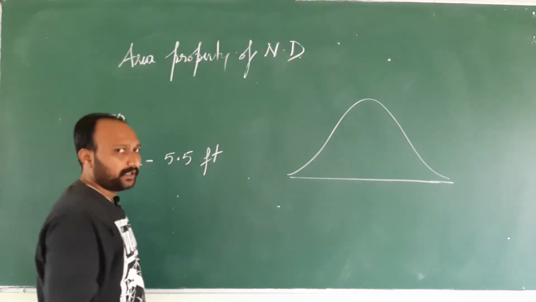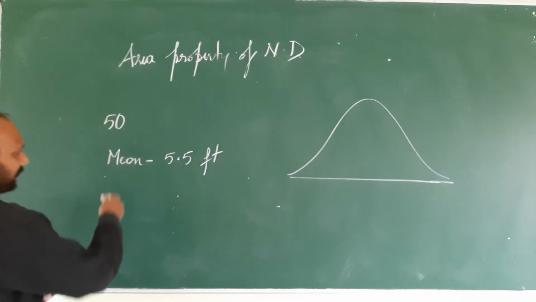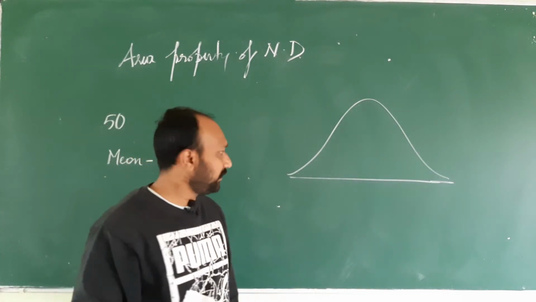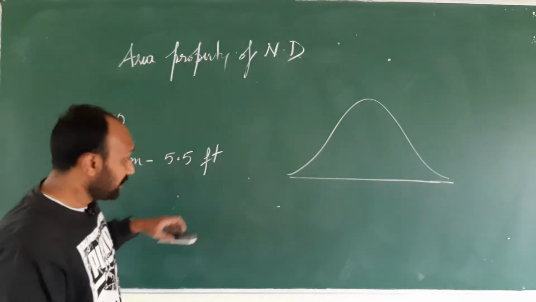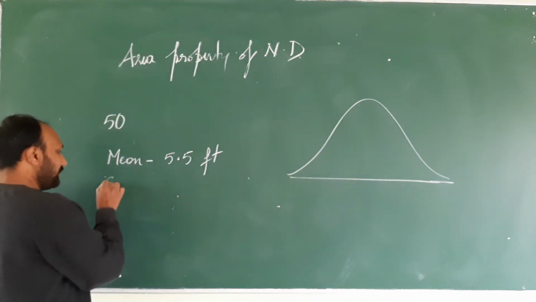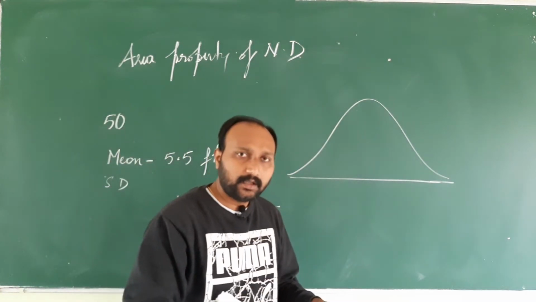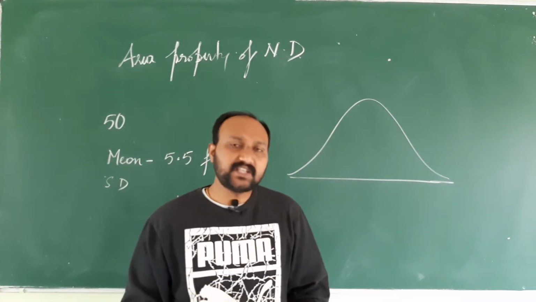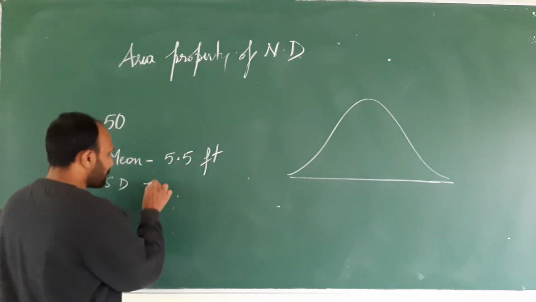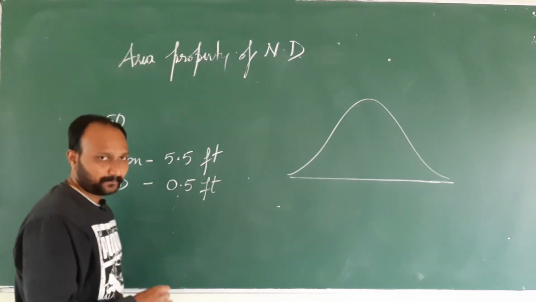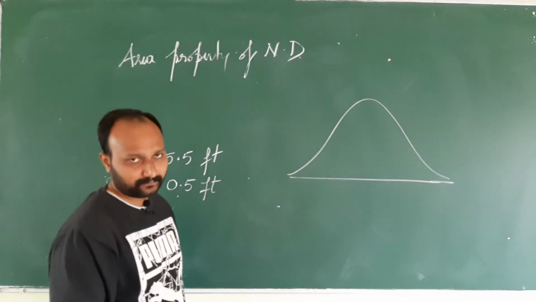The average height, that is x bar, is 5.5 feet. Similarly, what is the standard deviation, the change in height from one person to another? Let us say the change in height is 0.5 feet. This is the standard deviation.